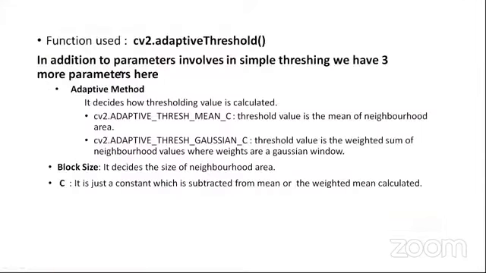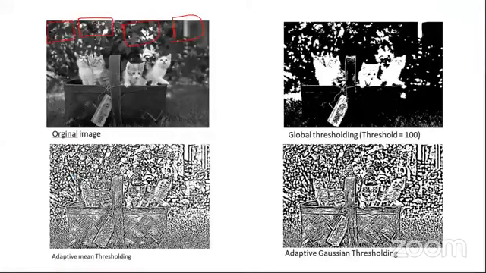For adaptive thresholding, we have the function adaptiveThreshold. Apart from the parameters we used in simple thresholding, we have to give 2 more parameters. First is the area size you are going to use; you can use this area, you can also use this area.